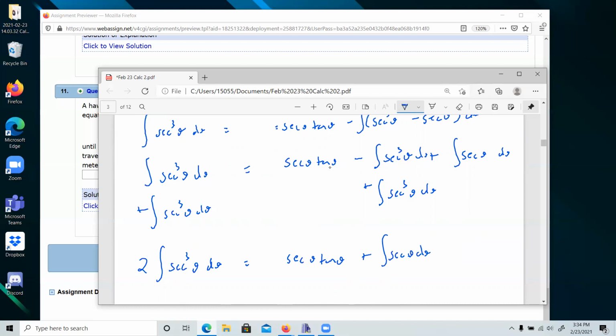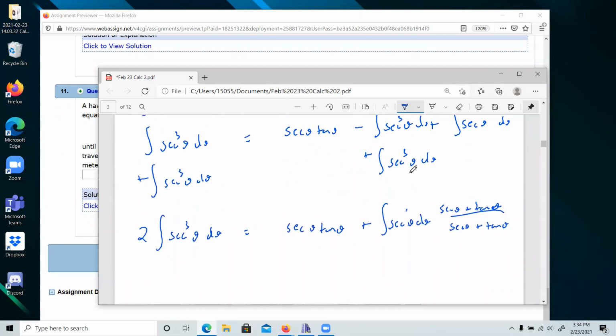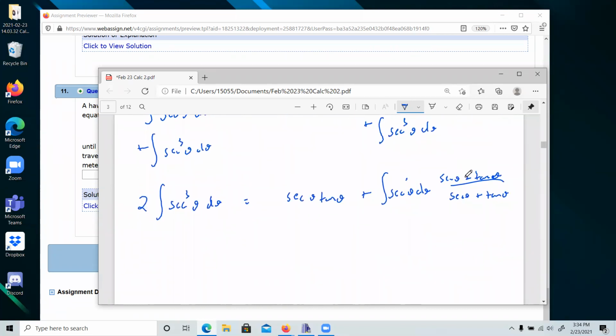And this is an integral you're allowed to memorize. If you wanted to actually do it, we let u equal secant theta plus tangent theta, then du happens to be secant squared theta plus secant tangent theta. So that was a trick. That was how you integrate this thing. Nobody is expecting you to memorize this.